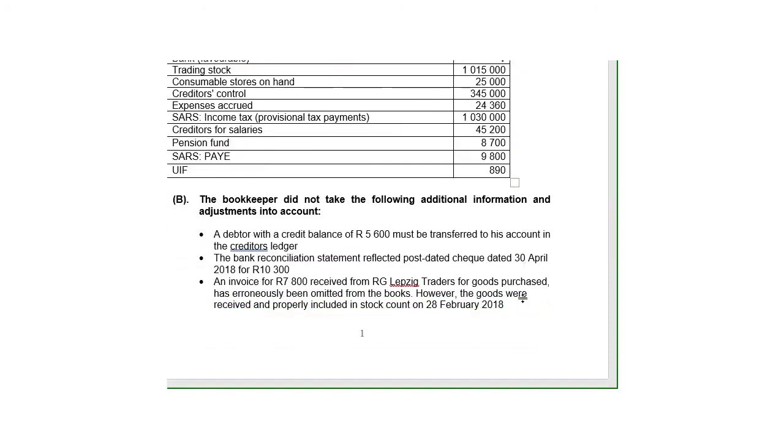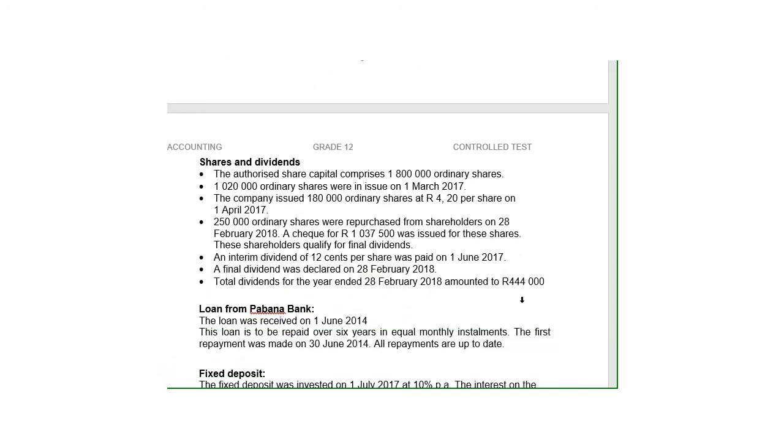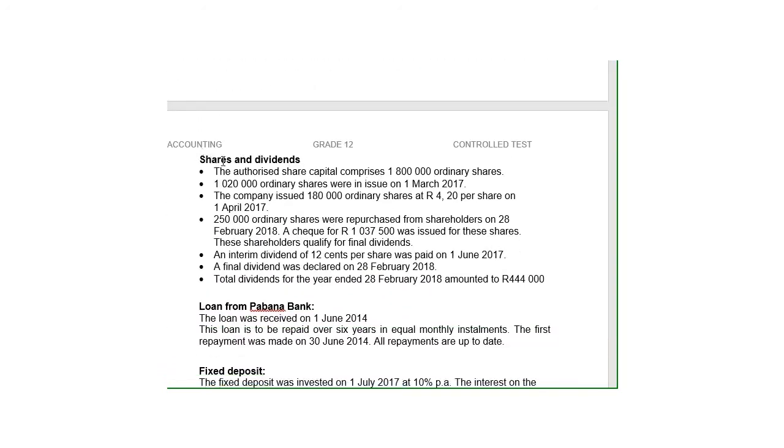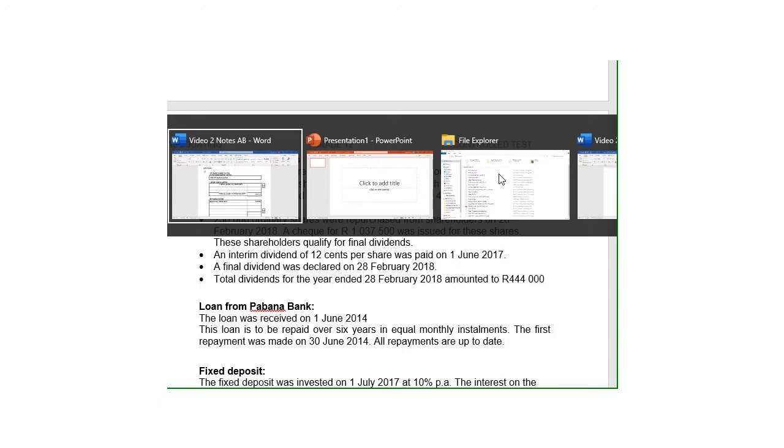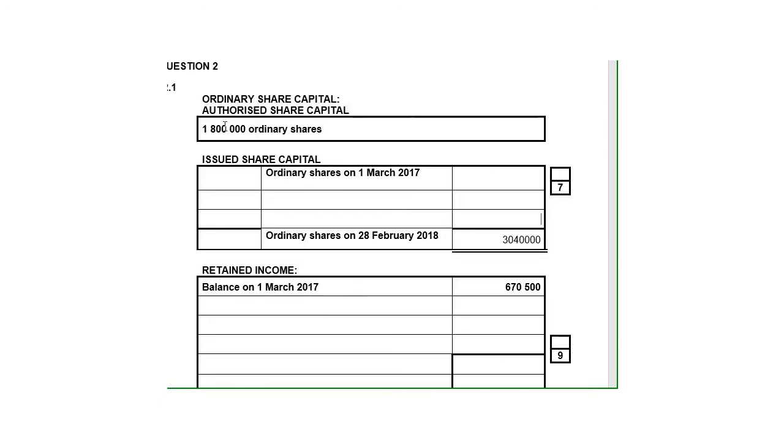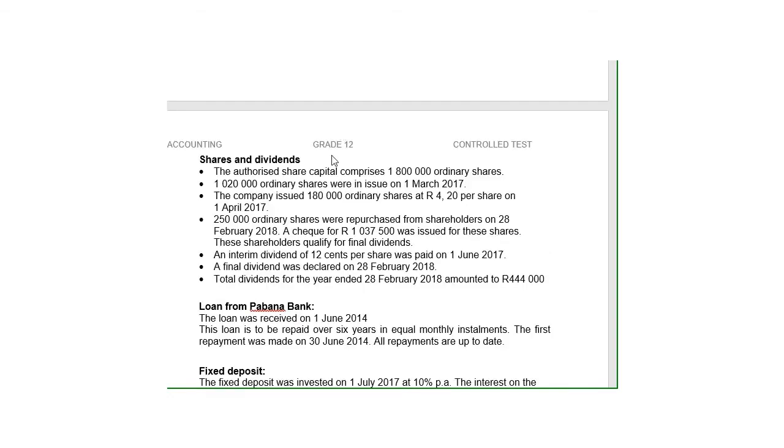Now I must go down to the information and look for anything to do with shares. There it is. First thing they tell me, authorized share capital. It's got nothing to do with values. It is just that first part, and it is 1.8 million. There it is. It's already printed there, but if it wasn't, I would simply put it in. Only number of shares.